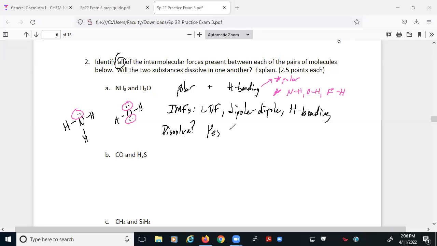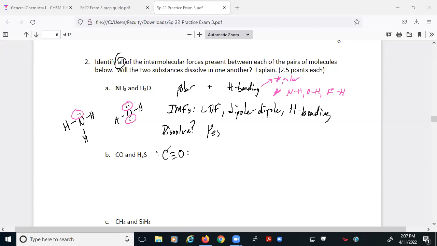And so that's pretty much what you have to do for each of these. Now, in the case of carbon monoxide, this is a heteronuclear bond. There's only one bond in the entire molecule. Is that bond polar? Yeah, it is.